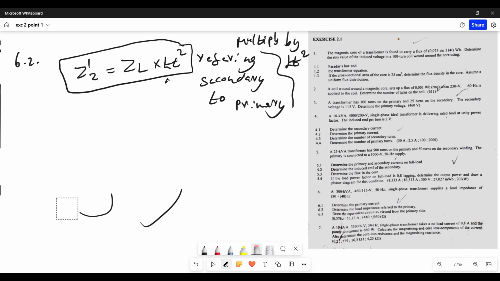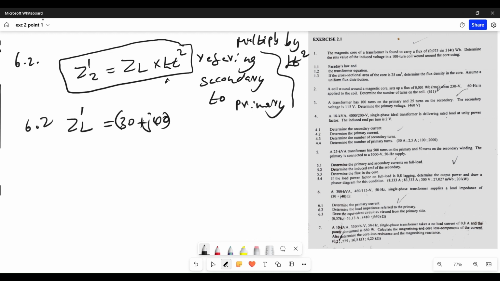So we can answer the question, because I explained 6.2. Our Z load prime is equal to 30 plus j40 times 4 squared.